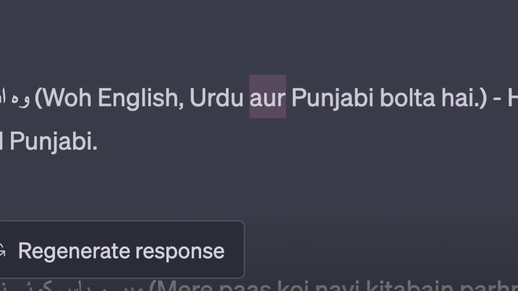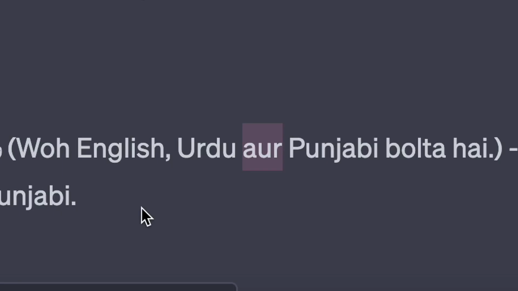Usually I write and as or. So I write it like this. Or. Okay. बोलता है. So here it is conjugated in the present simple tense.